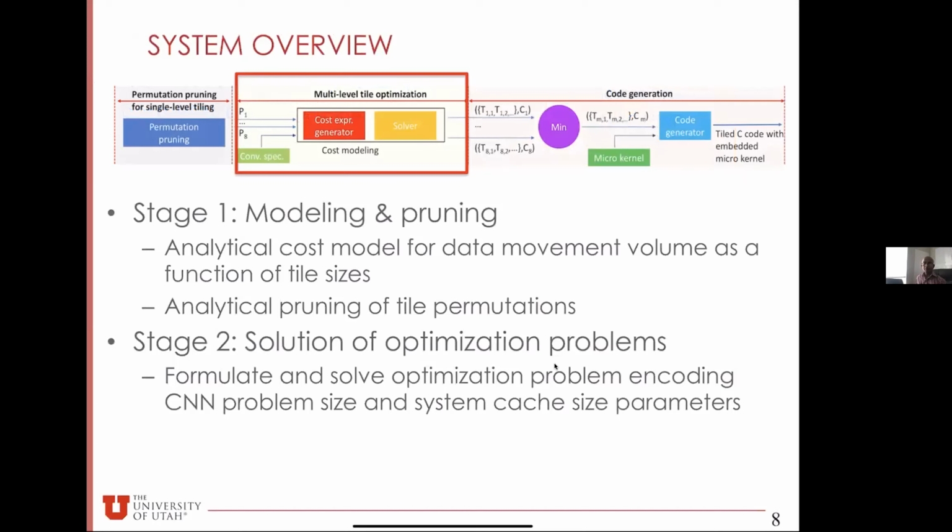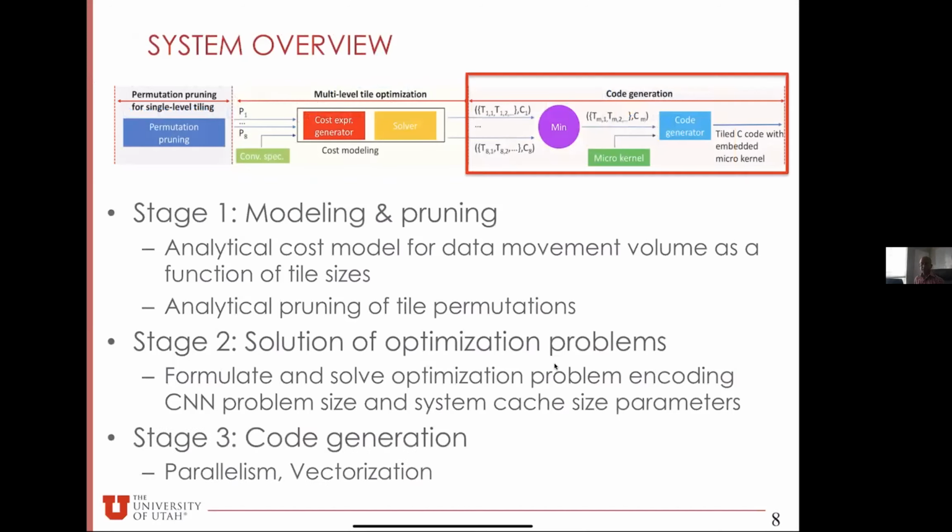The last stage is that concrete code is generated by using a microkernel, a BLIS-like microkernel for CNNs, surrounded by these tile loops for whose permutation and tile sizes have been solved. We could either just take the modeled best, or we could choose to execute a few of the top choices. And so that's the overall overview of the process of optimization.